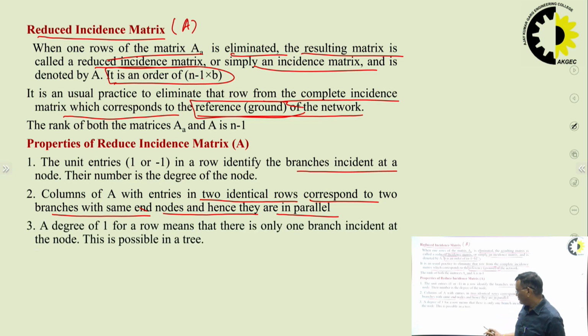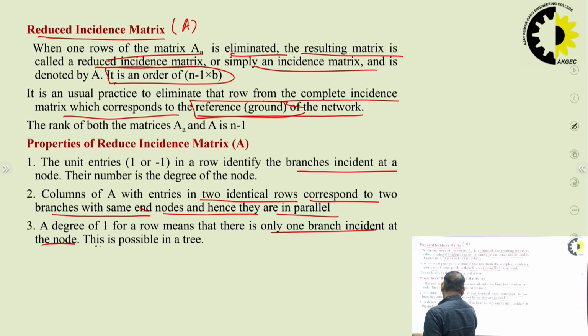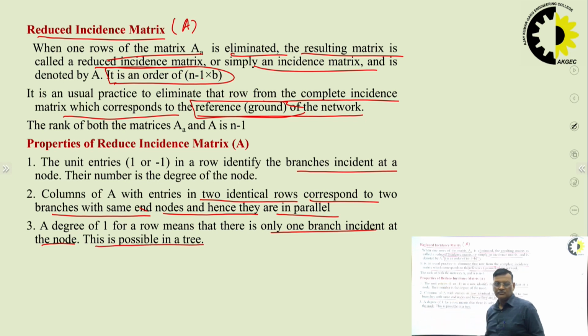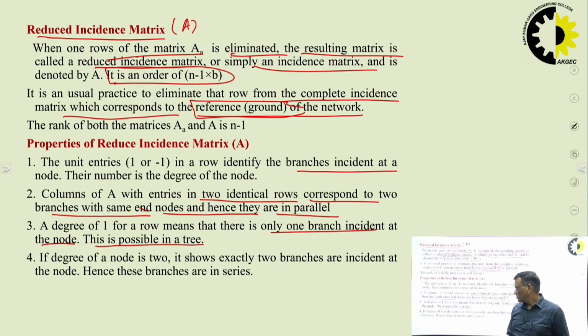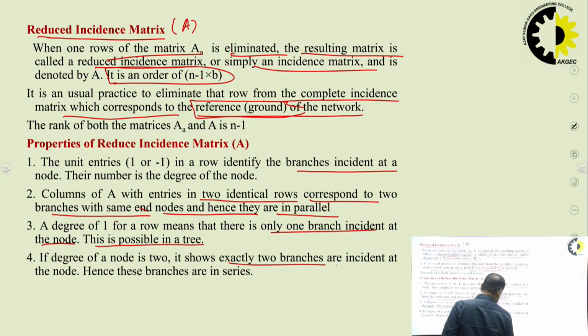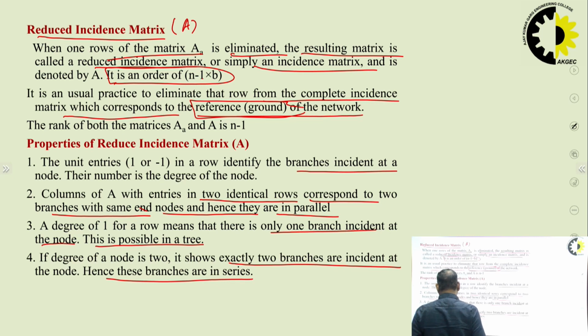A degree of 1 for a row means that there is only one branch incident at the node, and this is possible in a tree. A degree of a node of 2 shows exactly two branches are incident at the node, hence the branches are in series.